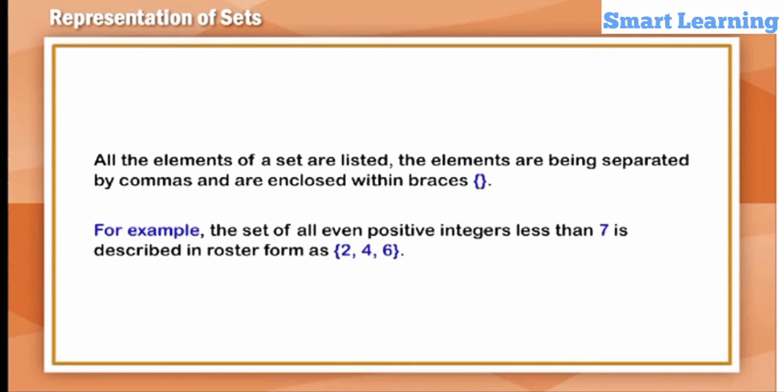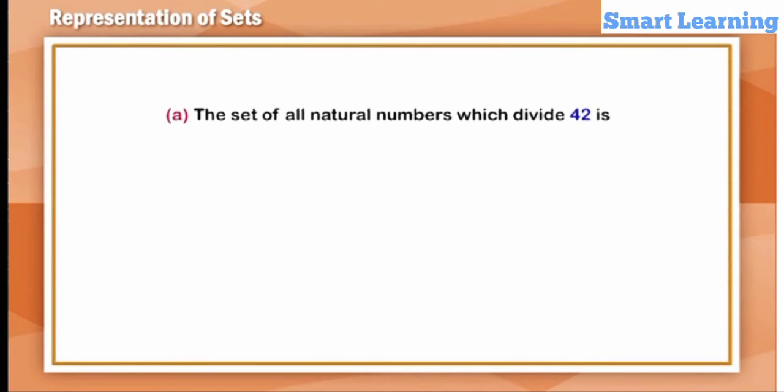Some more examples of representing a set in roster form are: A. The set of all natural numbers which divide 42 is {1, 2, 3, 6, 7, 14, 21, 42}.